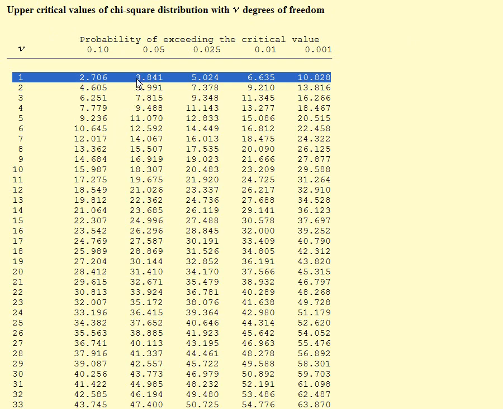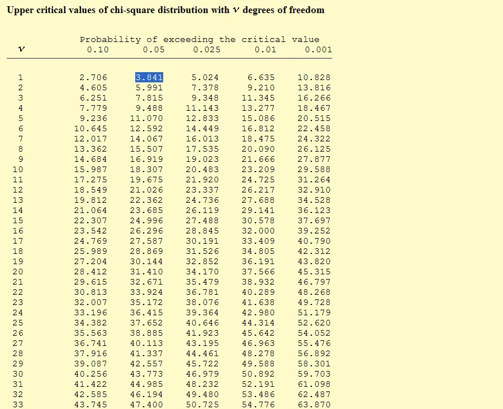If we were doing a hypothesis test with alpha equals 0.05, all of that 0.05 would go in one tail for a one-tailed test, and we would use a critical value of 3.841.